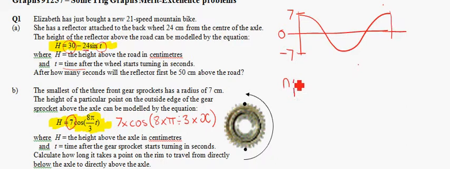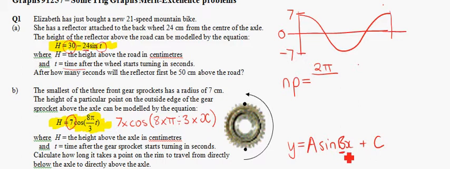And that is the new period is 2 pi, which was the old period, divided by the coefficient of the variable, or b. So in the formula we've been using, y equals a sine bx plus c, I understand that b changes the period, and this is how.